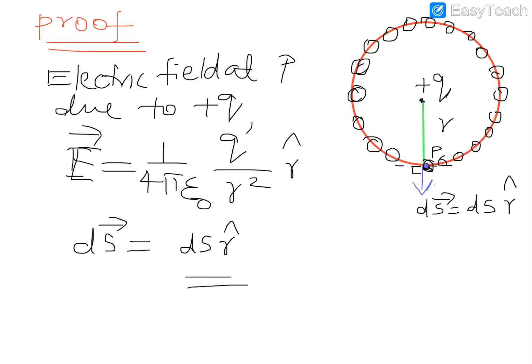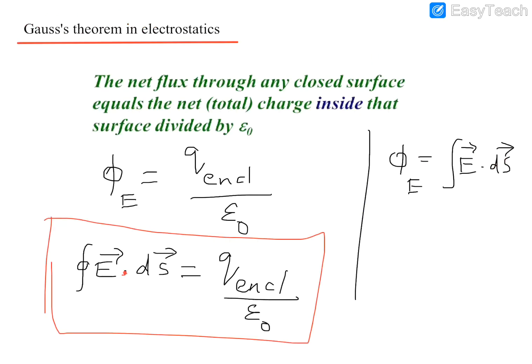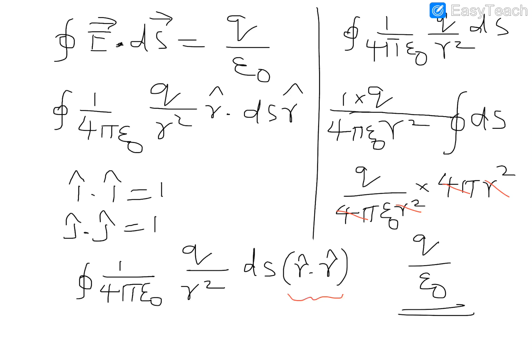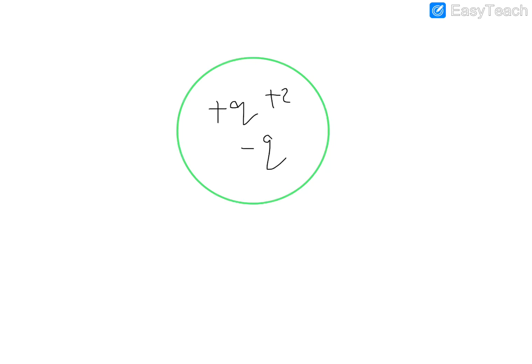According to the theorem, closed integral e dot ds is equal to q by epsilon 0, where this q is nothing but the enclosed charge. In the last lecture I explained what is enclosed charge, but I will explain one more time here. If you have a closed surface like this and consider some charges plus q, minus q, plus 2q, and there is a plus 3q here.